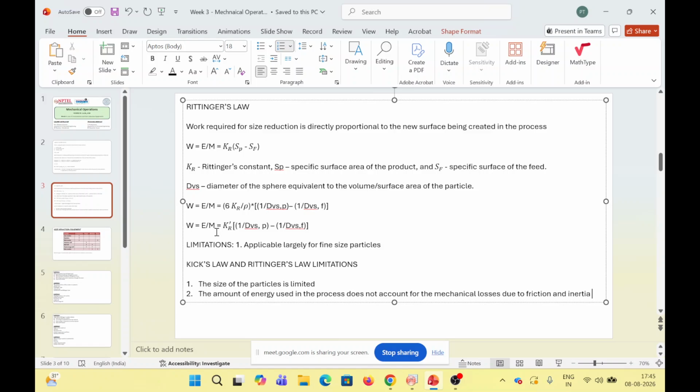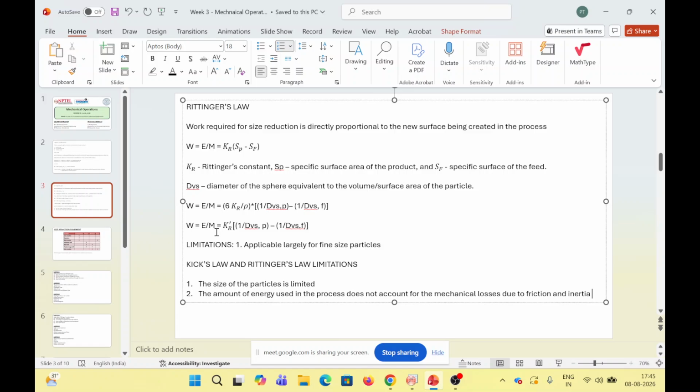So Kick's law and Rittinger's law have these two limitations. One is the size of the particle: they can only treat a limited size of particle. And second, they do not account for the mechanical losses of energy that usually happen during the comminution process.